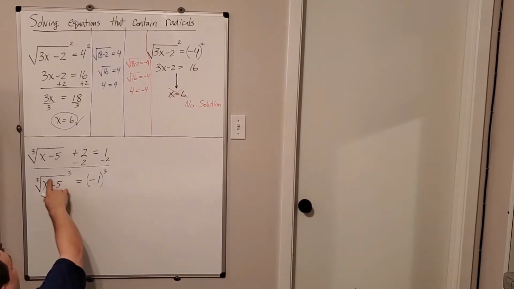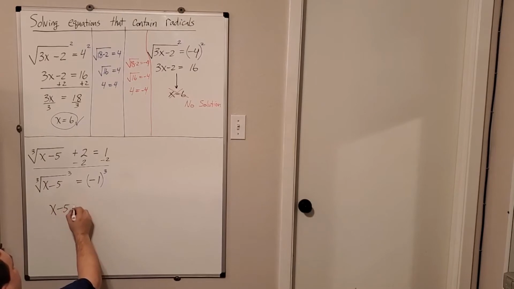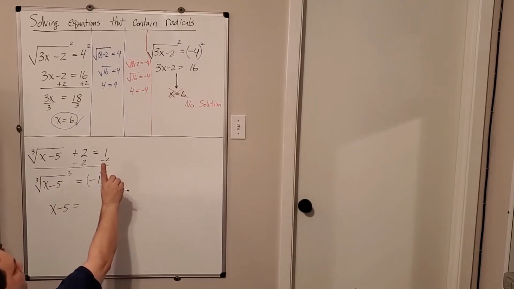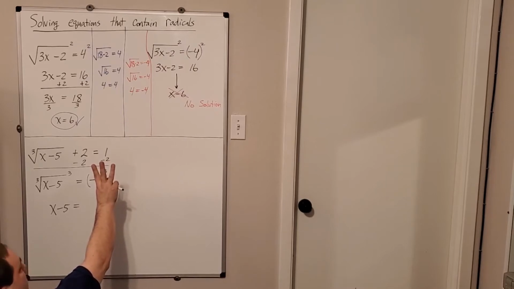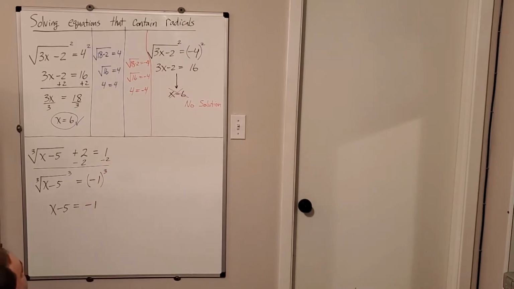Well, these two are opposites. I can immediately get rid of them. x minus 5 equals negative 1 to the third power. Negative 1 times negative 1 times negative 1 is negative 1. And I want to solve for x, so I'll add 5. Okay, well, that's going to tell me that x is 4.